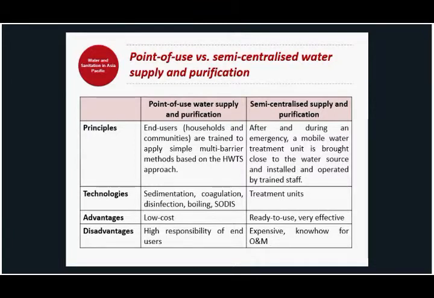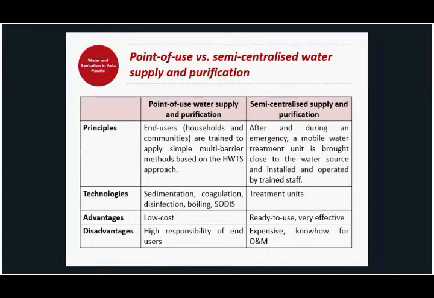For example, with a mobile water treatment plant, we can treat like 4 cubic meters per hour, or 20 cubic meters per hour. The disadvantage for the point of use is that the responsibility lies on the end users, so the effectiveness of the treatment really depends on how end users perform the treatment. And the disadvantages for semi-centralized supply are that it is expensive, and we also have to know how to operate and maintain it.